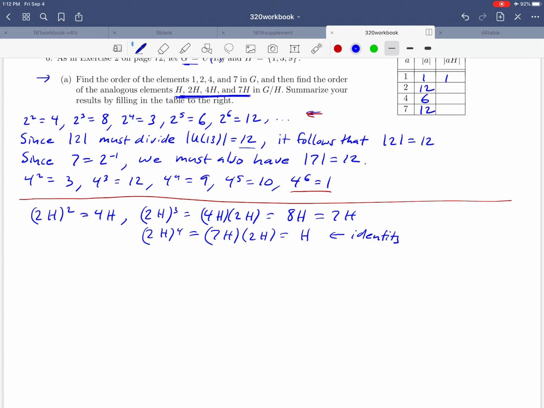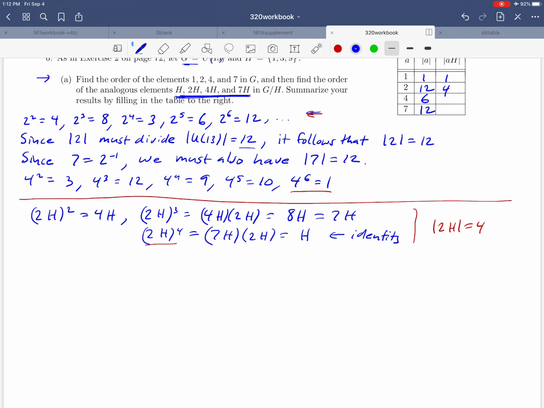Okay, so notice what that says. We took the coset, 2H, and raised it to the 4th power, and we got H. Therefore, that's the order of this coset. And we can fill in that entry in our table.